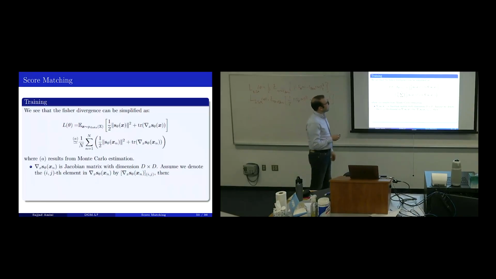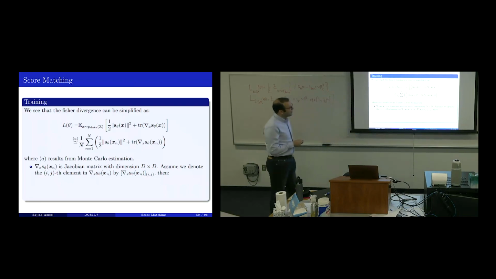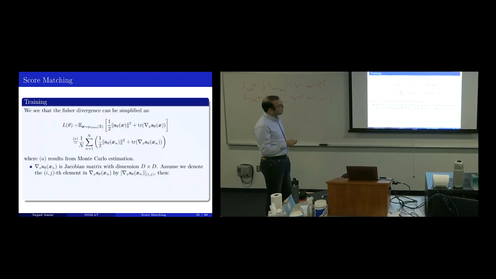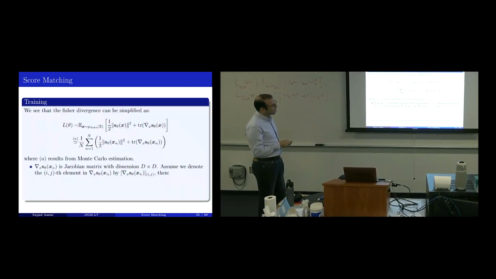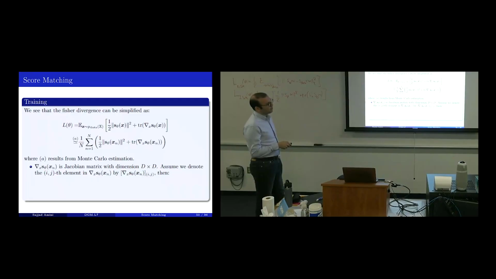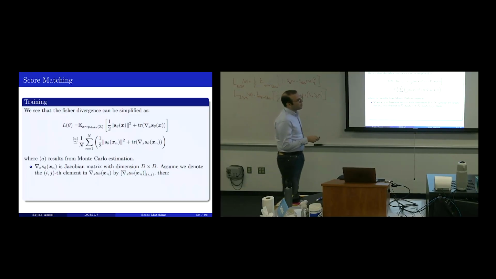We have these two. We can calculate the ISM, implicit score matching. The A is coming from the Monte Carlo estimation, and the gradient with respect to x of s theta of xn is a Jacobian matrix with dimension d times d. We just need the diagonal elements.